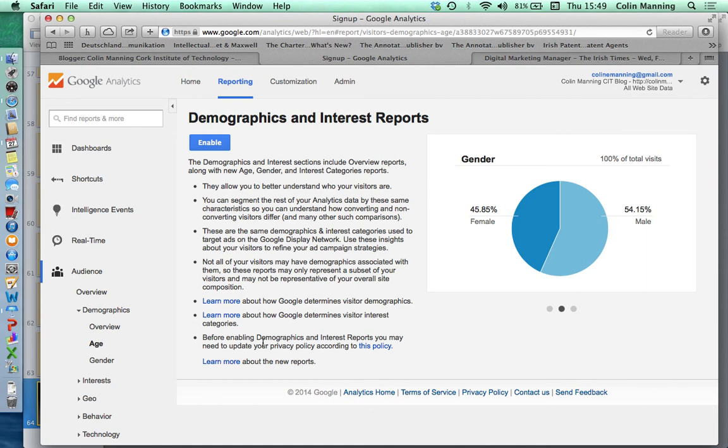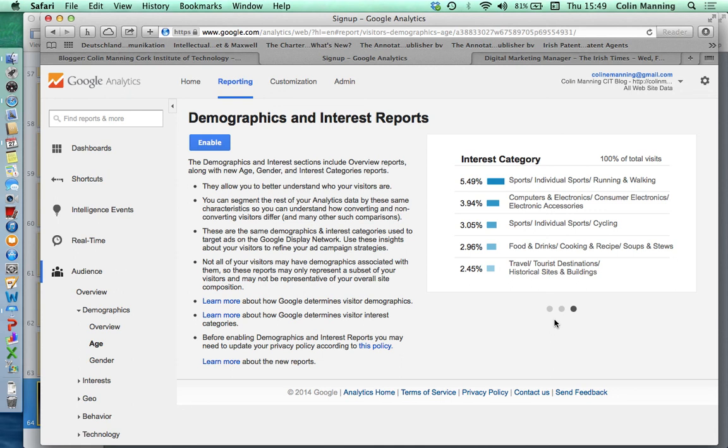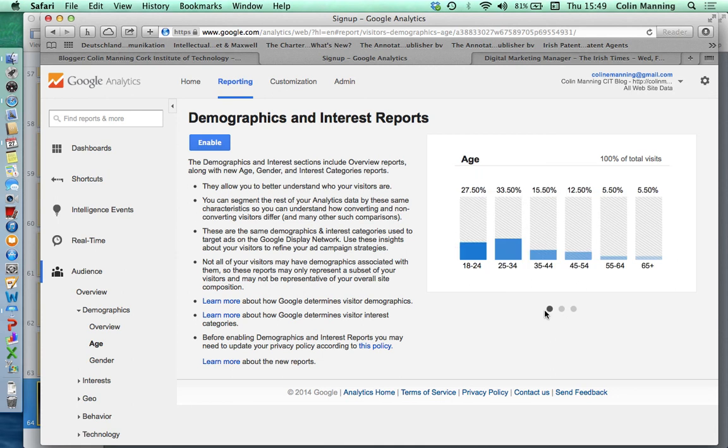I know something about that. So it's telling me, for example, that this is the age profile of people that visit my blog. Now, these are the people that it knows about. It may only know a percentage of them. Okay? So that's probably kind of what you'd expect.